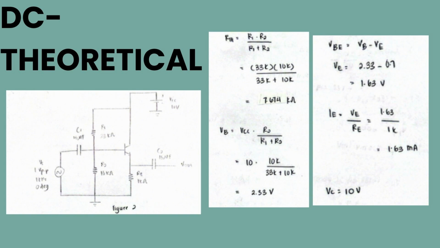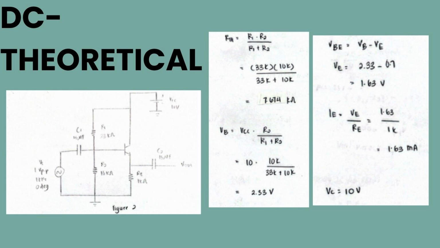They ask for VB. VB equals VCC multiplied by R2 divided by R1 plus R2. VCC, which is 10, multiplied by 10k over 43k. We can get 2.33 volt. The question asks for VE and IE, also VC.